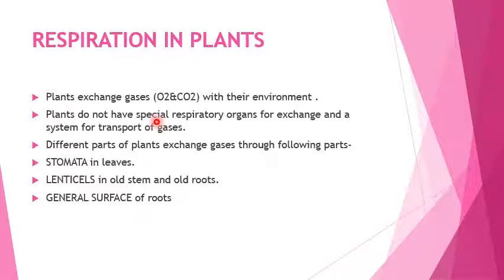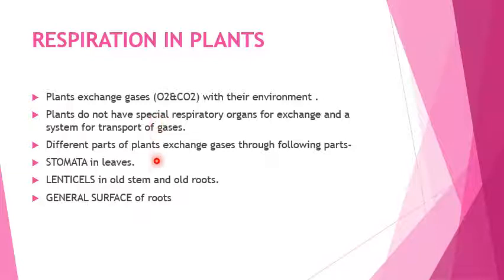Plants will always take in O2 and release CO2, but before releasing the CO2 during the daytime, that CO2 is utilized by the plant itself for photosynthesis, and as the end product of photosynthesis, O2 is released.